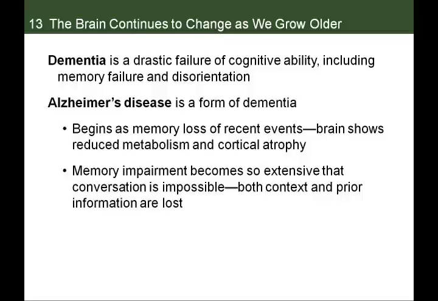Alzheimer's disease is a serious form of dementia, where you have memory loss of recent events. You start by losing the present, a little bit of the early, close past, and then as the disease becomes worse and worse, you start to lose more and more memories of the past. I don't know if you have a grandparent who suffers from Alzheimer's disease, or if you volunteer somewhere and sit with them, and they start acting like it's still World War I and recounting stories.